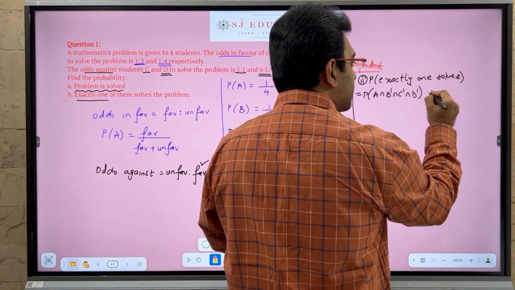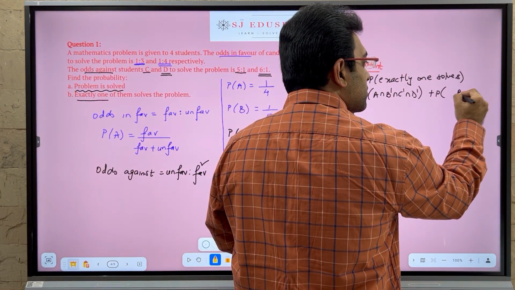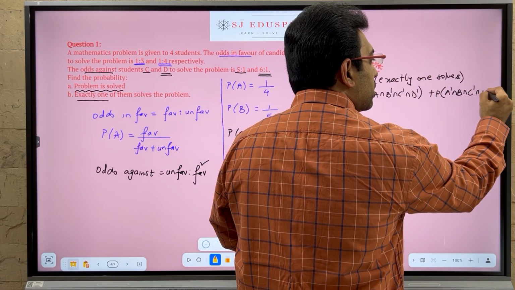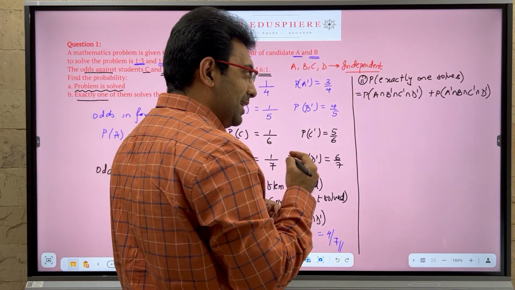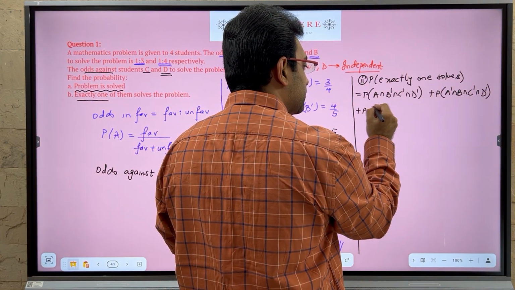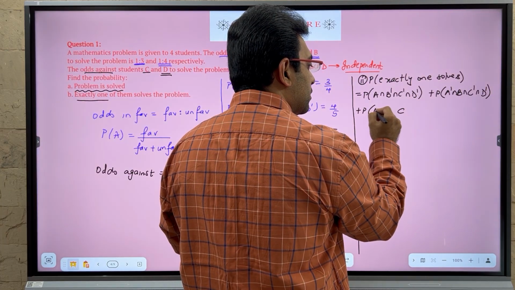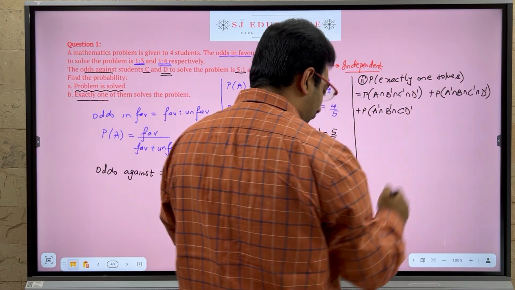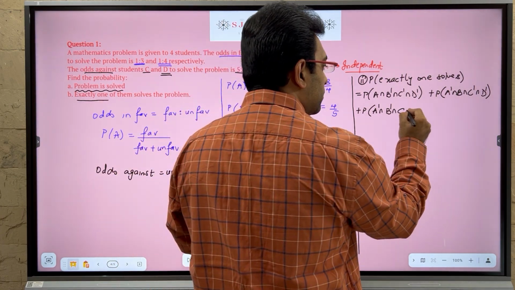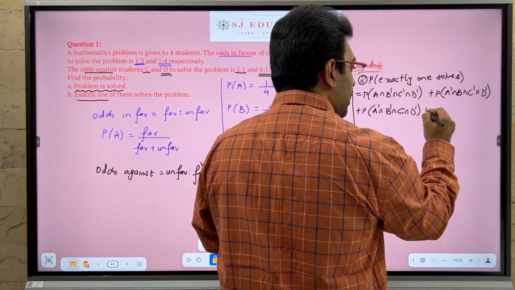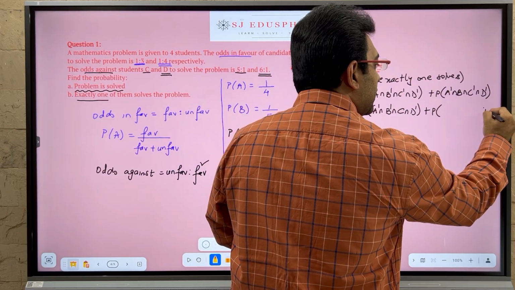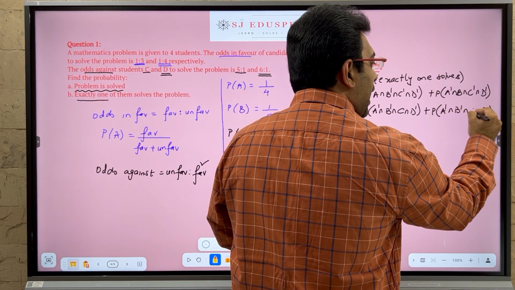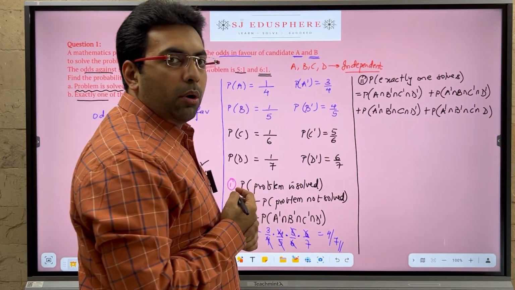Or else B solves but A does not, C does not, D does not. Similarly, C solves, A does not, B does not, and D does not. And the last one, D solves, but A, B, and C do not solve the problem.